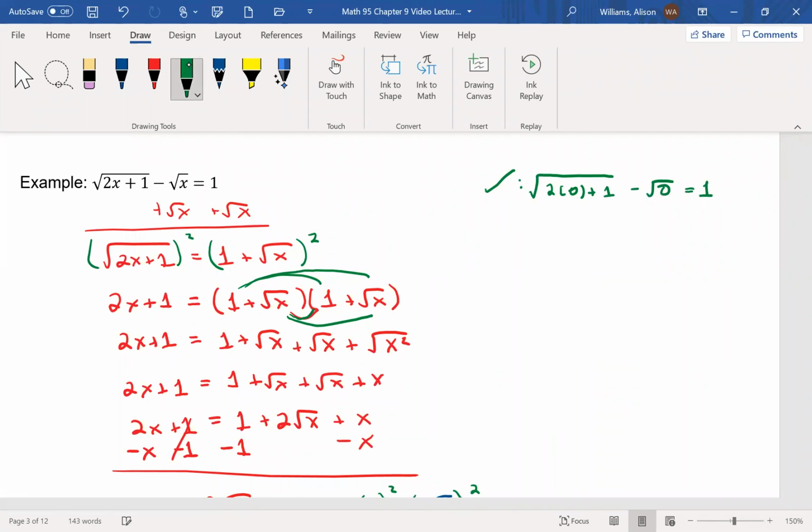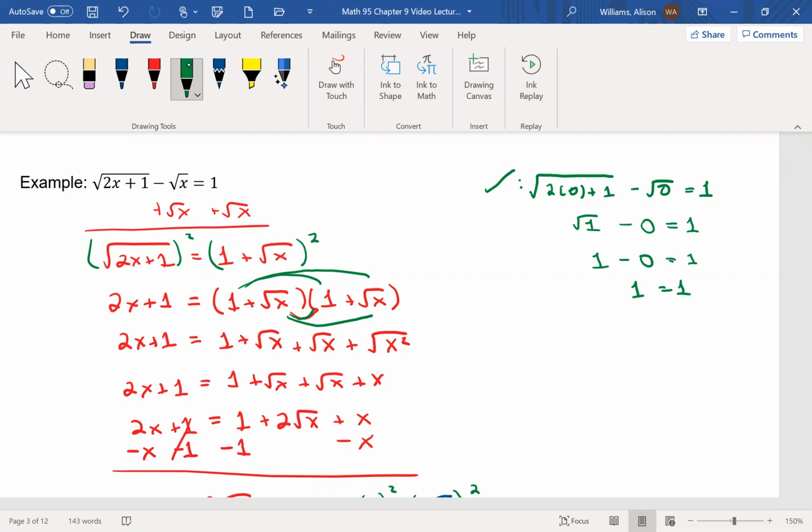So 2 times 0 is 0, and 0 plus 1 is just 1. Square root of 0 is 0, and the square root of 1 is 1, and 1 minus 0 is 1. Okay, it works. It equals 1. I almost could have jumped right to that from the beginning.